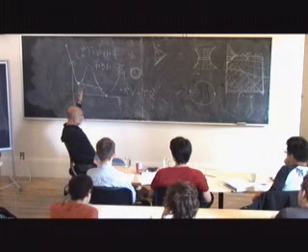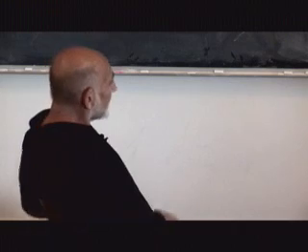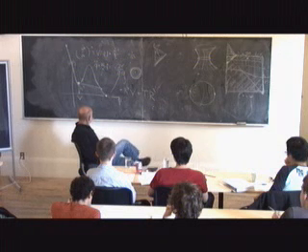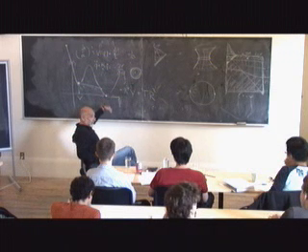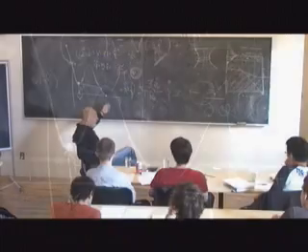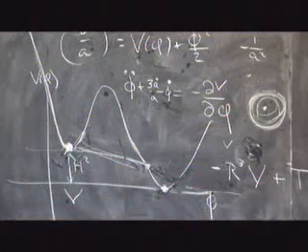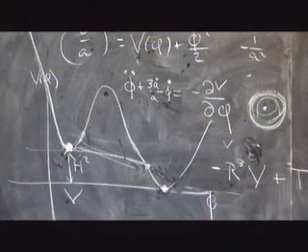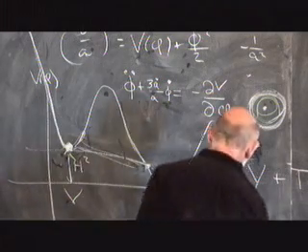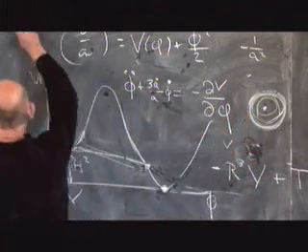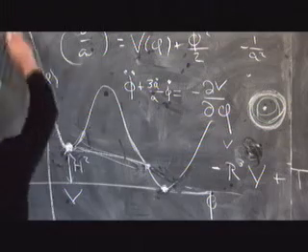This was a very, very simplified model of what has become called the landscape of vacua. String theorists think there are many, many multiple minima like this. So there might be another minimum over here, lower.